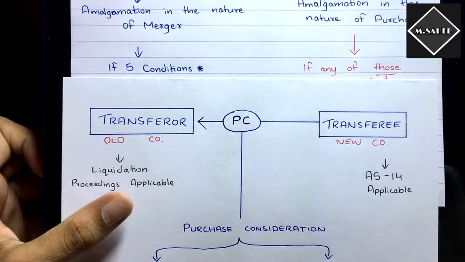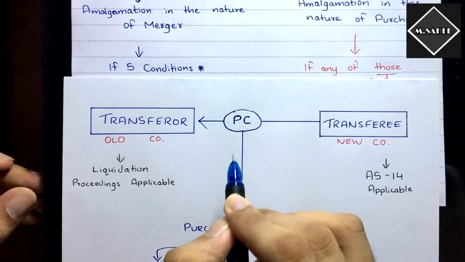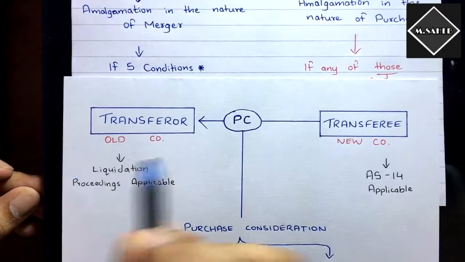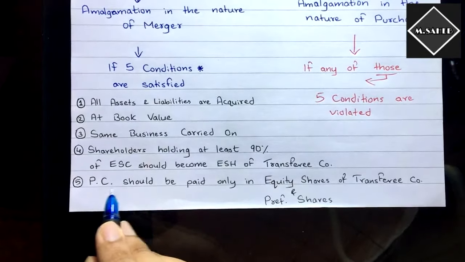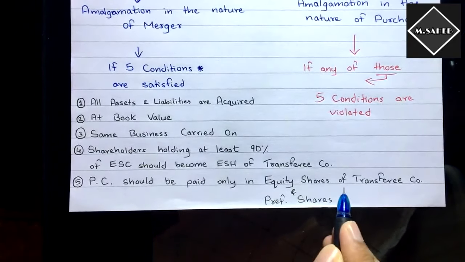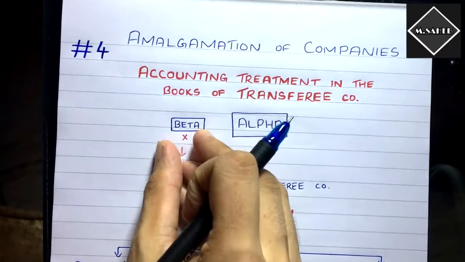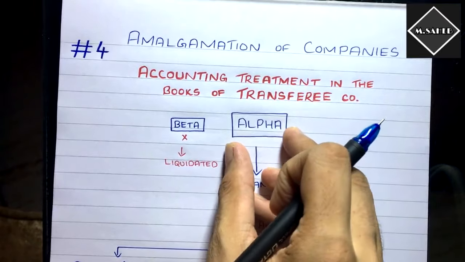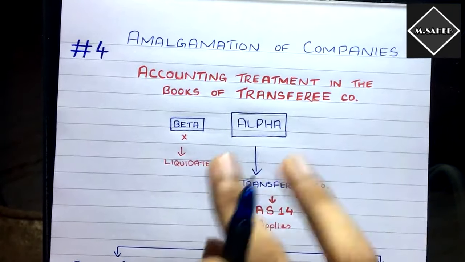So here the condition is that this purchase consideration should only be in the form of shares. Equity shares to equity shareholders, preference shares to preference shareholders. Okay, that is the condition. Purchase consideration should be paid only in equity shares and preference shares of the transferee company. मतलब Alpha Company जो देगी to Beta Company's owners, preference shareholders and equity shareholders, it has to be in the form of shares, equity shares and preference shares.